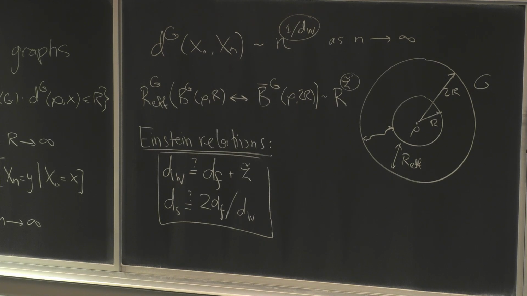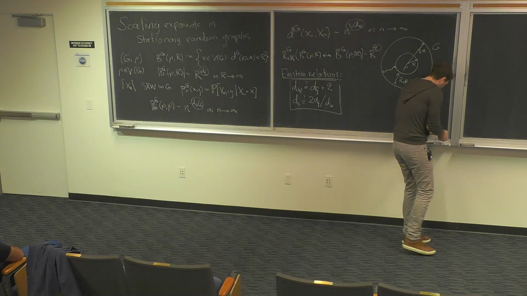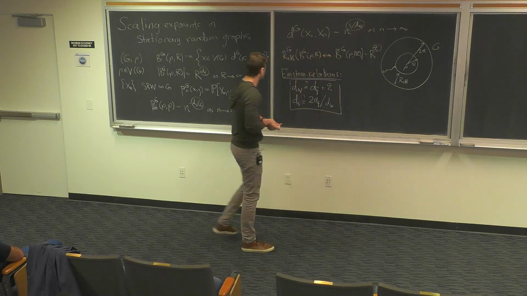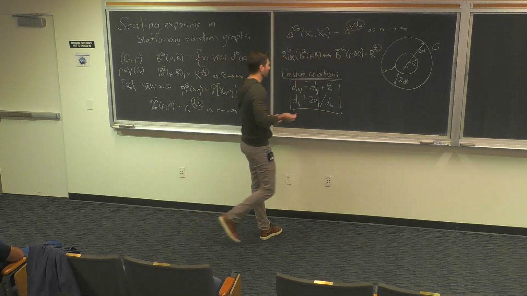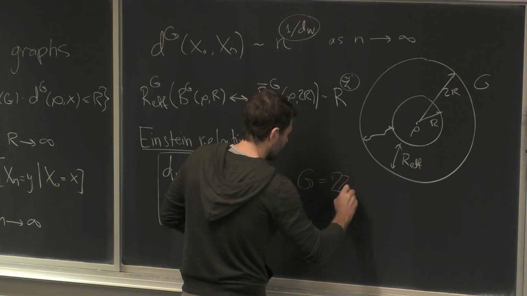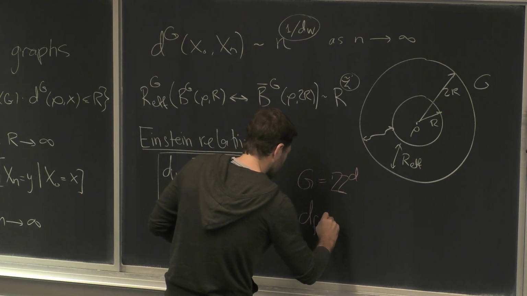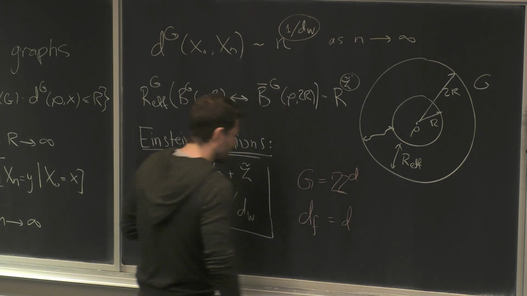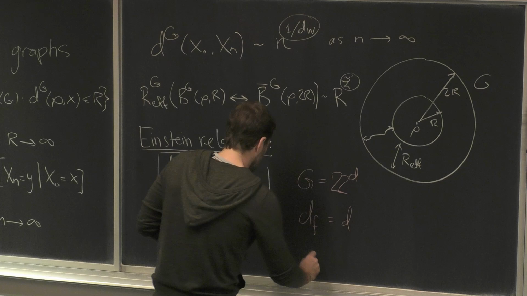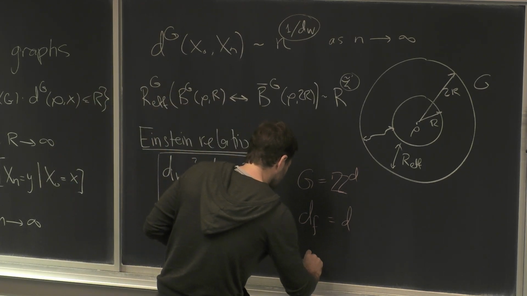But as a basic example, one can consider what happens if your graph is Z^D, where the dimension of volume growth is D. I know at least 2 of these exponents.